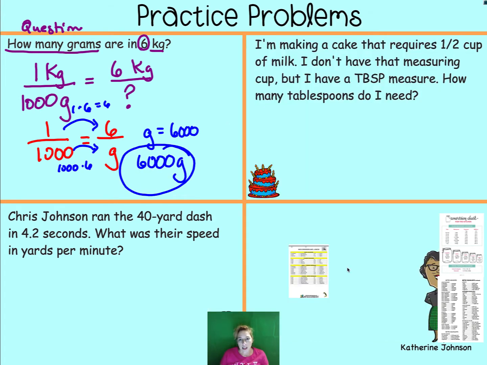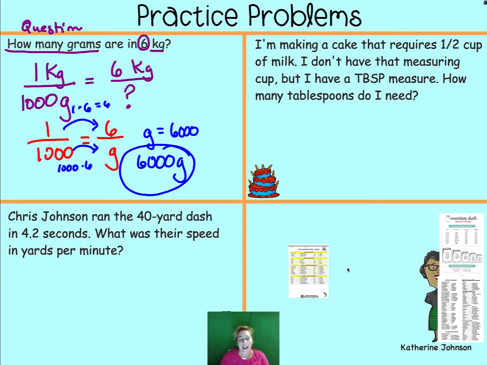So what if I decided to make a cake and it wasn't as prepared as I thought I was? I pull everything out, I'm getting ready to make the cake, and it says, oh, Jennifer, you need half a cup of milk. And Jennifer's like, I don't have a measuring cup that's going to do that for me, but I have this little tablespoon thing.